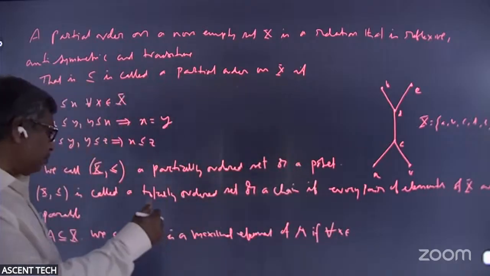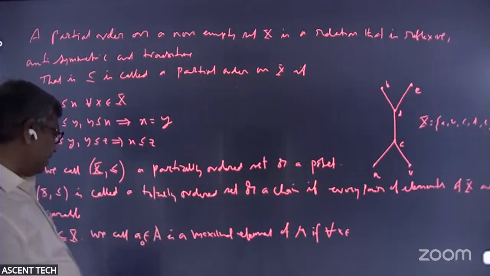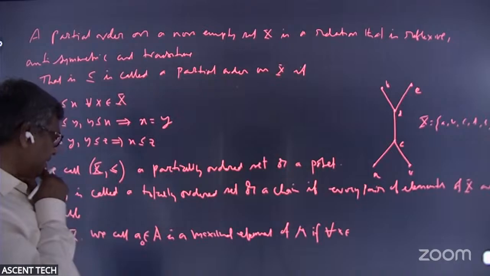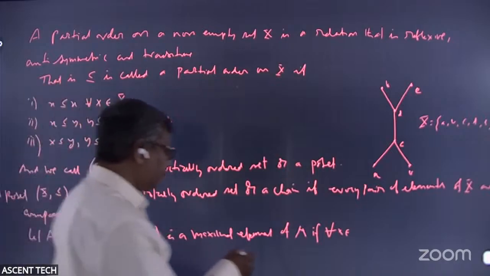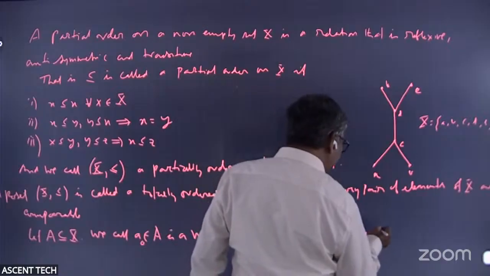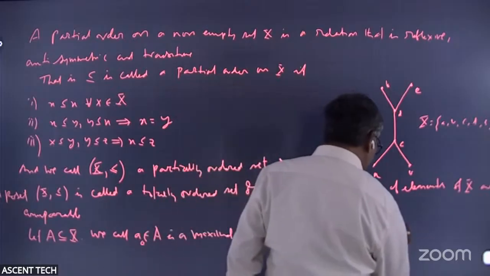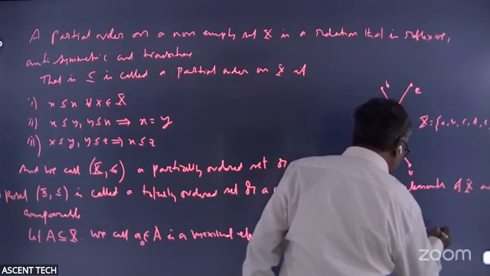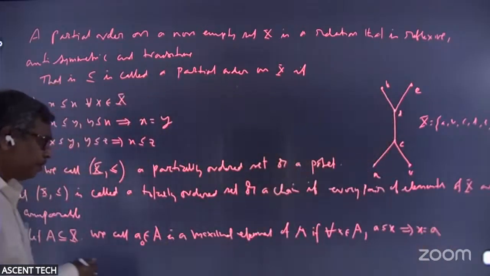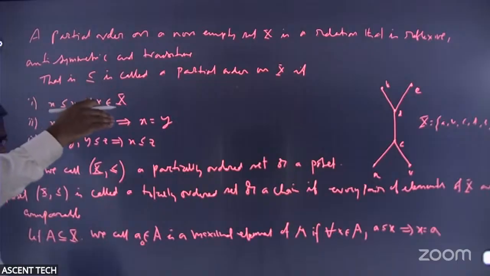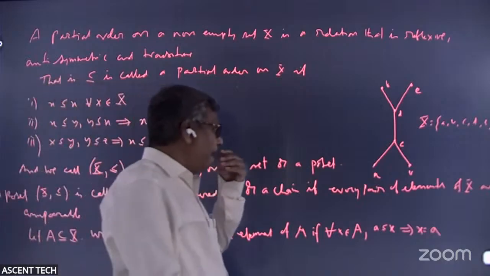It's a maximal element, so I don't have anything bigger than that in A. So for every x in A, a naught less than or equal to x implies x equals a naught. There's nothing beyond that.